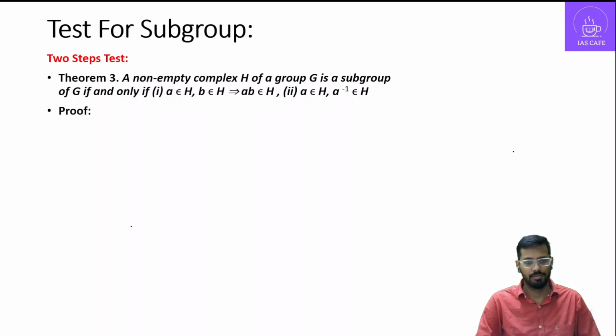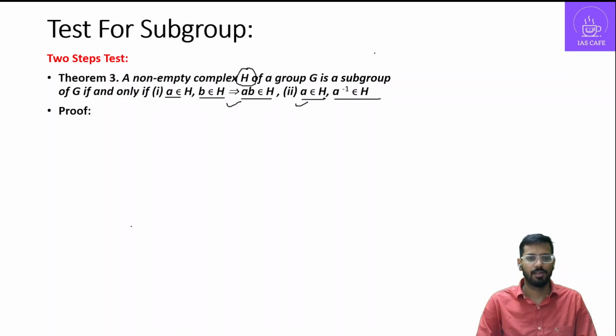We will check two properties, closure and inverse. If a belongs to H and b belongs to H, then AB belongs to H, and if a belongs to H, then a inverse belongs to H. If these two properties are satisfied, then the given H is a subgroup of G.